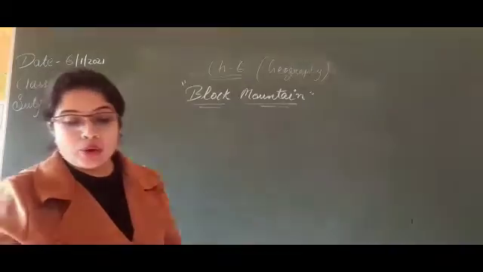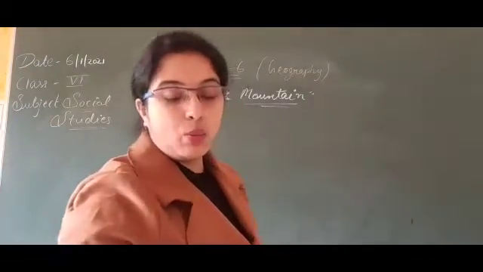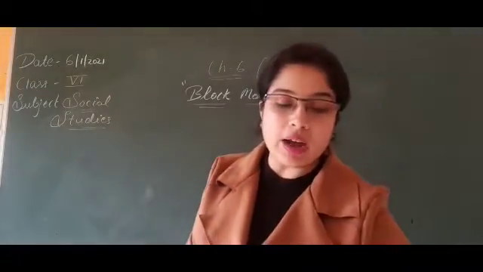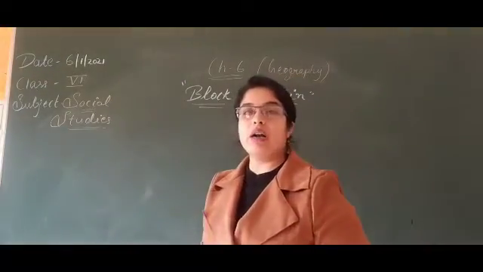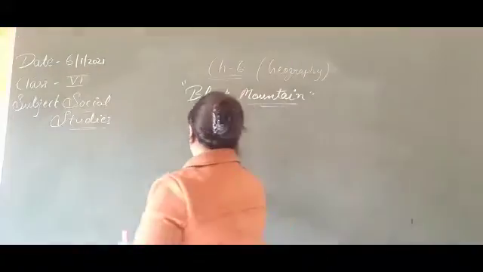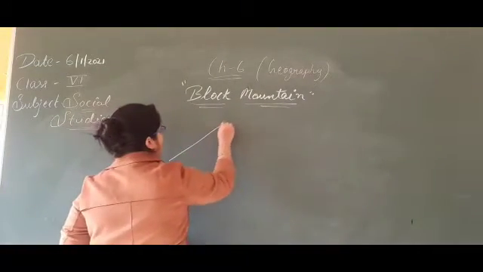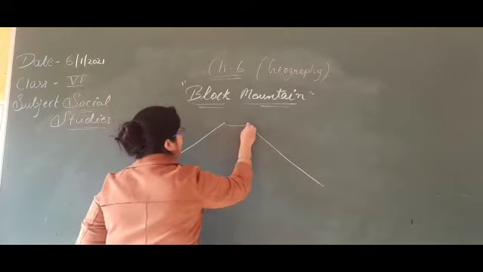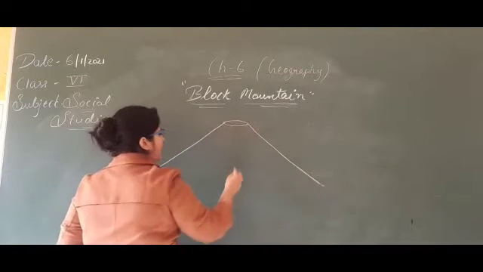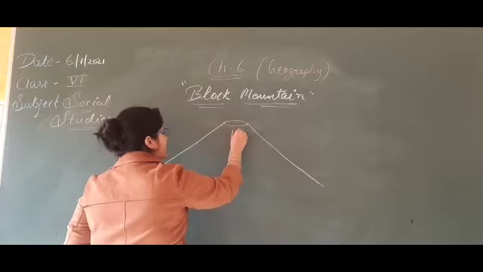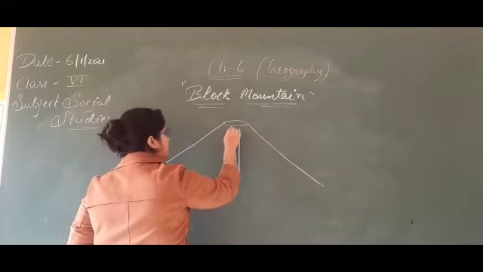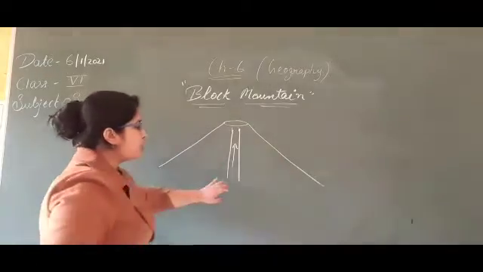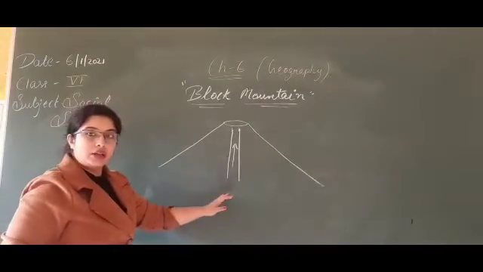Next, we are going to know about volcanic mountain. What is a volcanic mountain? The cone-shaped mountain that is formed by volcanoes is called volcanic mountain. The cone-shaped mountain is formed by the pressure of the magma, the lava, and gases which are inside the earth.